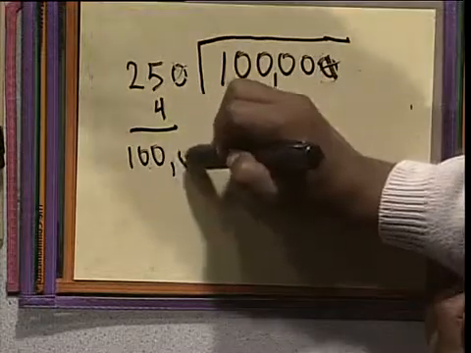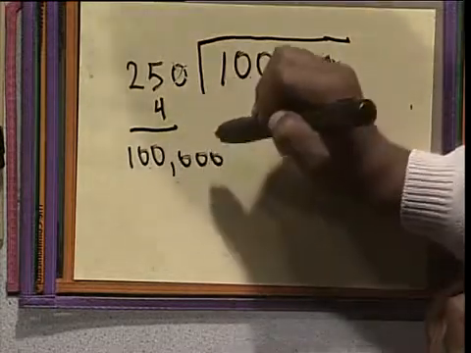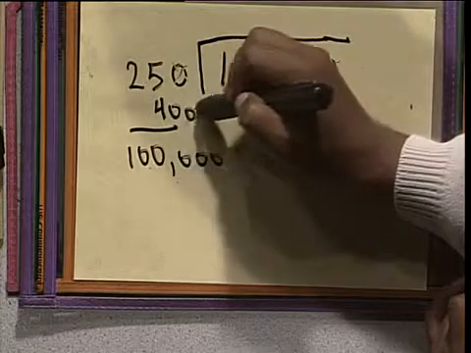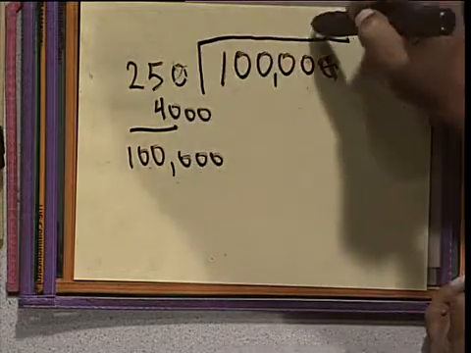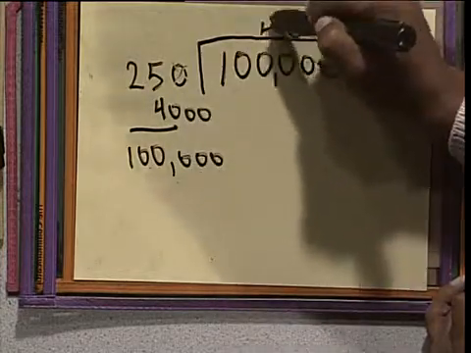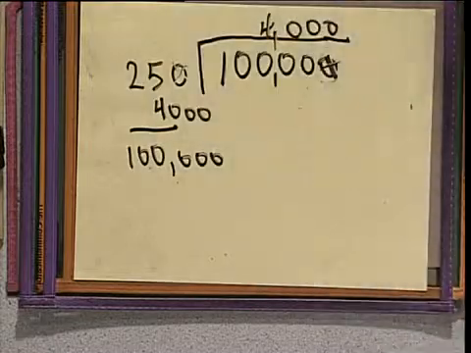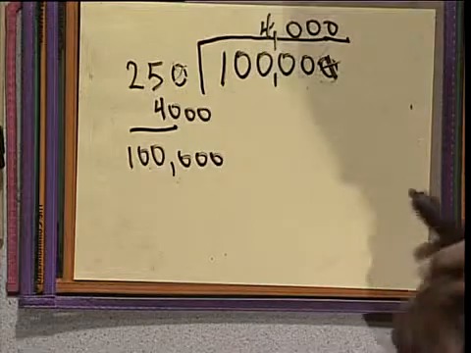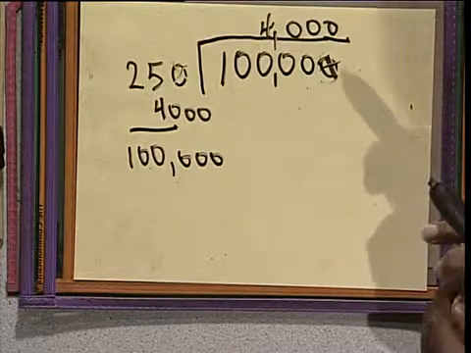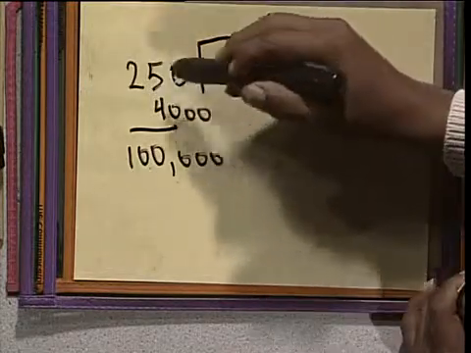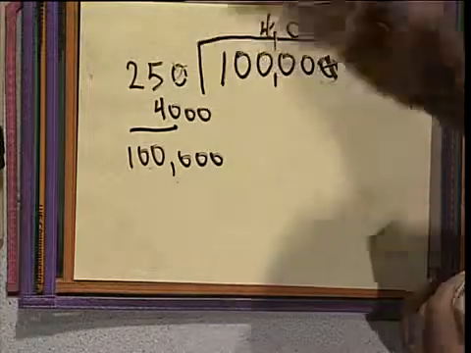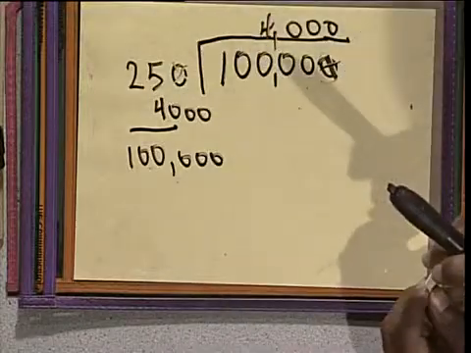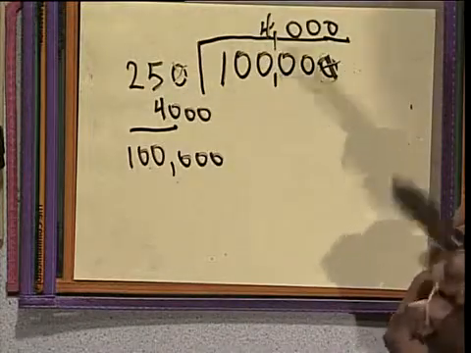So if I go with these 3 here, then on top I put 3, and we have 4,000. We can always check that by multiplying. 4,000 times 250: 25 times 4 will give me 100, and then we have our answer. You pretty good? Yes.